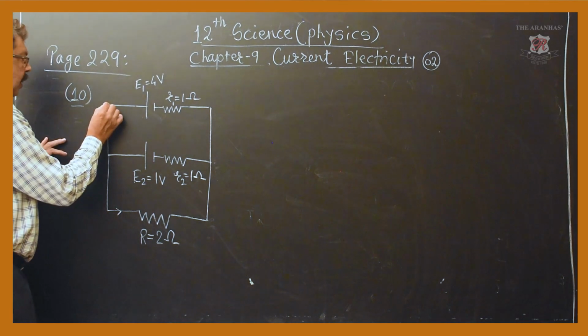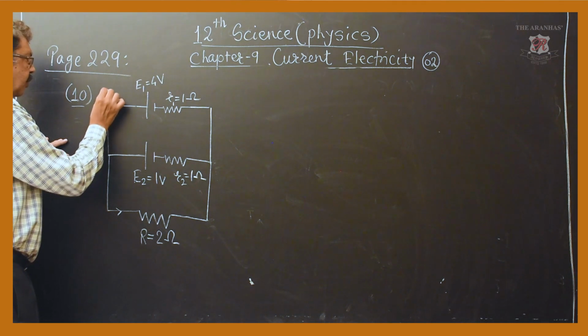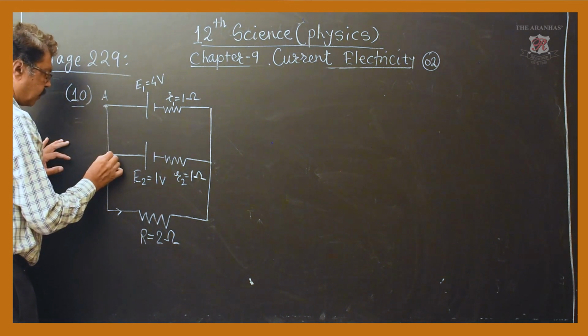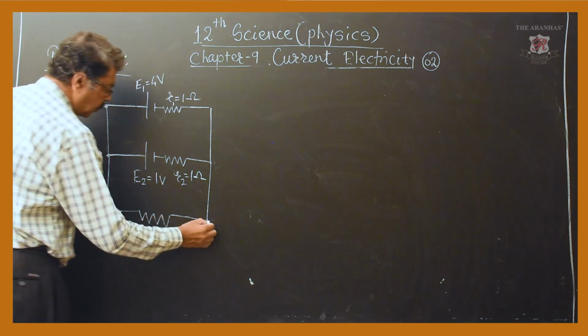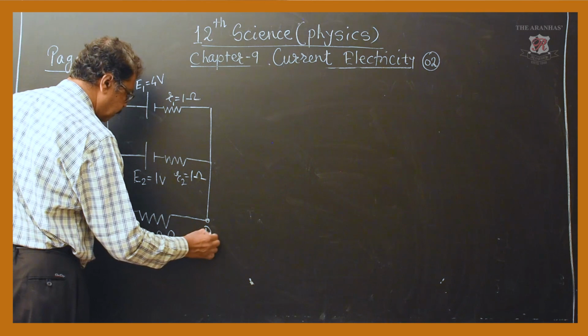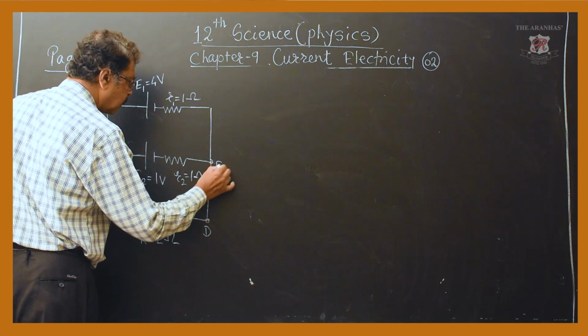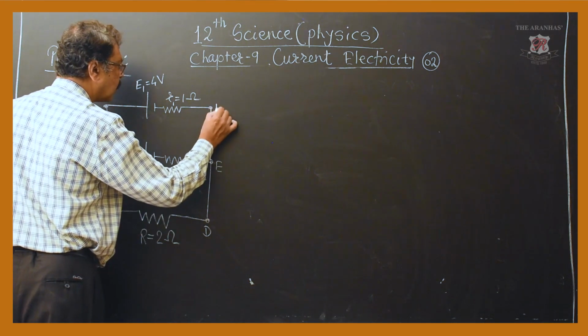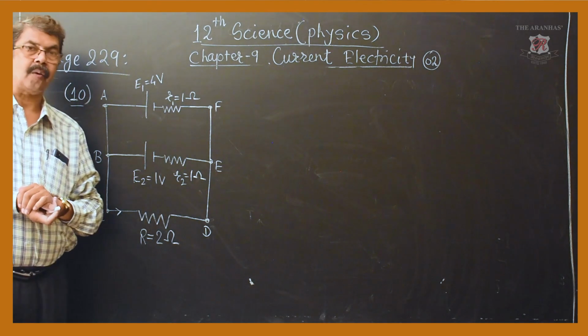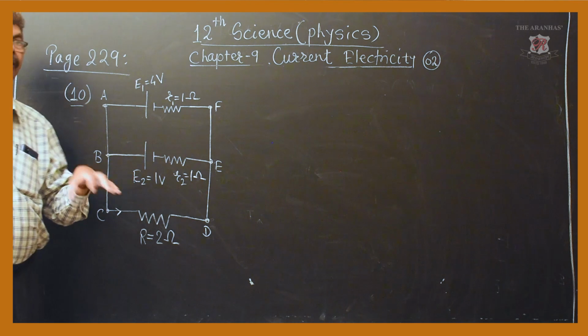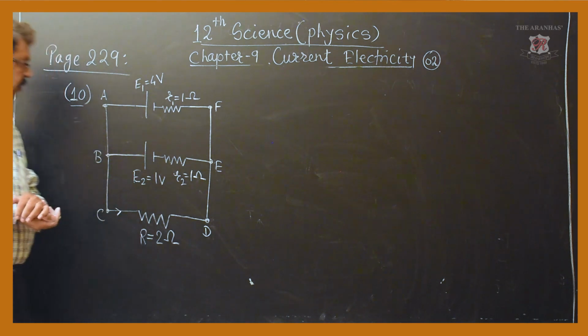Now, generally, label every junction so that you can identify the loops. This gives you the diagram now. It is a diagrammatic representation of what the question asks.